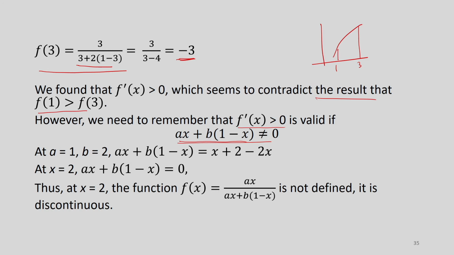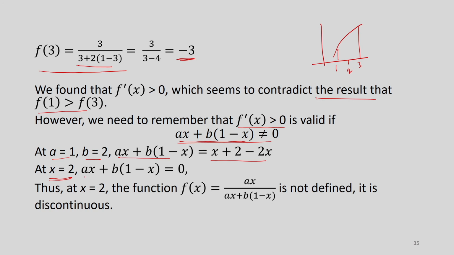Now, let us suppose there is a problem somewhere. If a is equal to 1 and b is equal to 2, then this expression turns out to be x plus 2 minus 2 x, and if you put x is equal to 2 here, where is 2? 2 is between 1 and 3. So, here is 2.